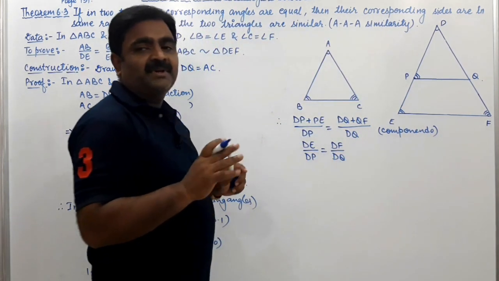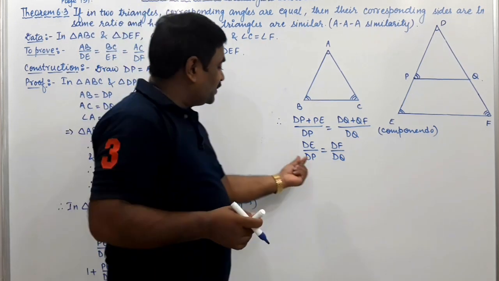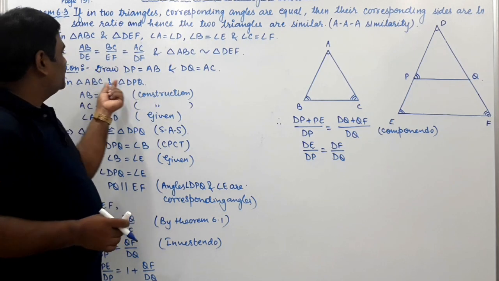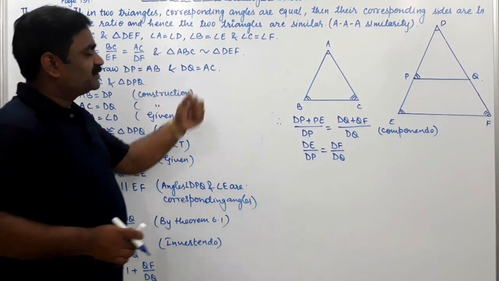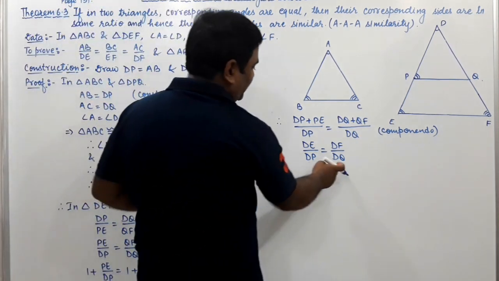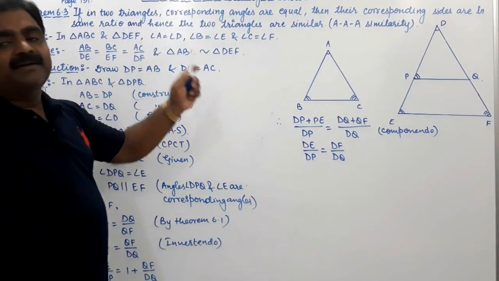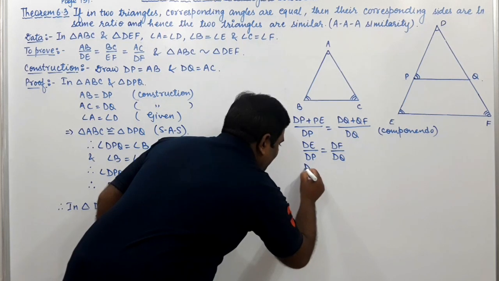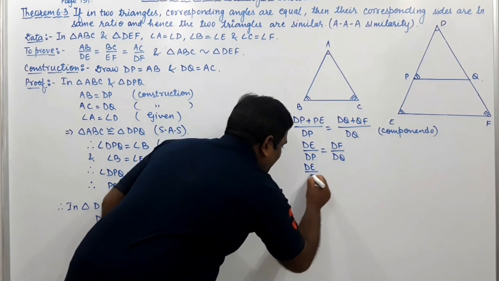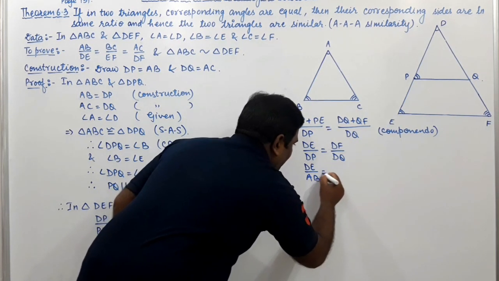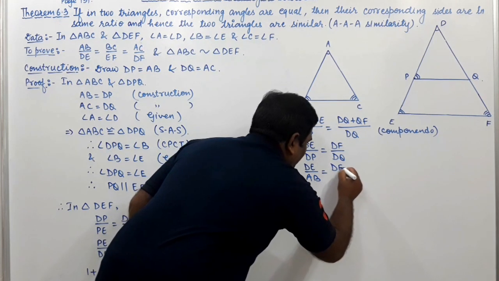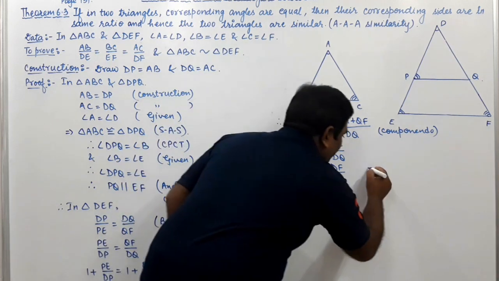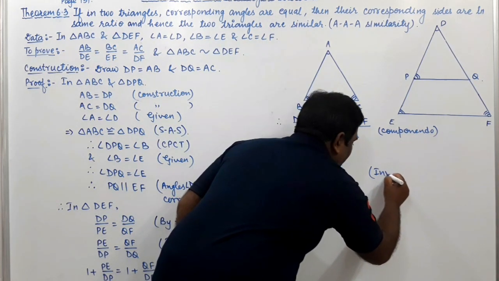Now as you know, DP is equal to AB by construction and DQ is equal to AC. So in place of DP and DQ you can write AB and AC. So it can be written as DE upon AB equals DF upon AC, by invertendo.